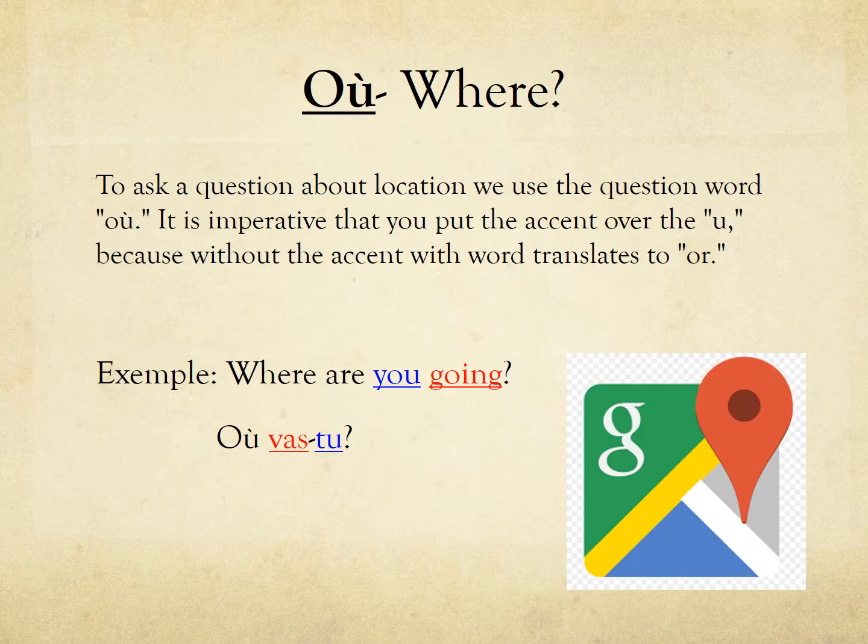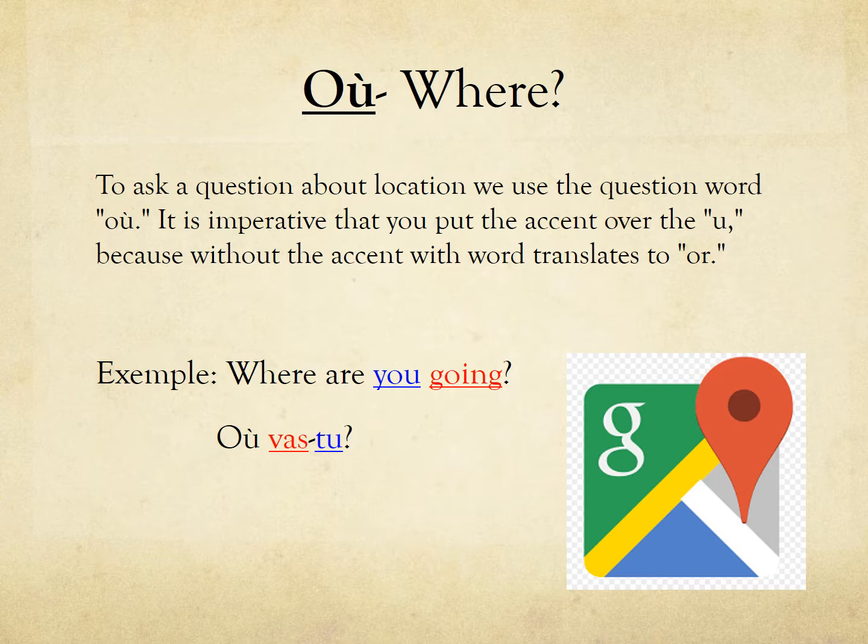Our next word is où, meaning where. So to ask a question about location, we use the question word où. It is imperative that you put the accent mark over the U because without it, it does change the meaning of our word. So without it, the word would mean or instead of where.